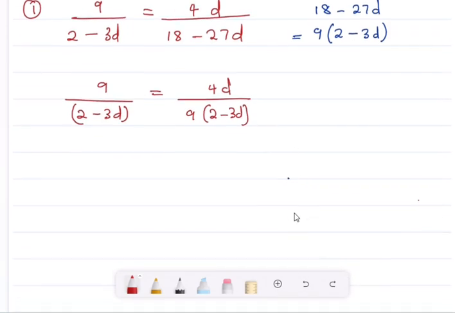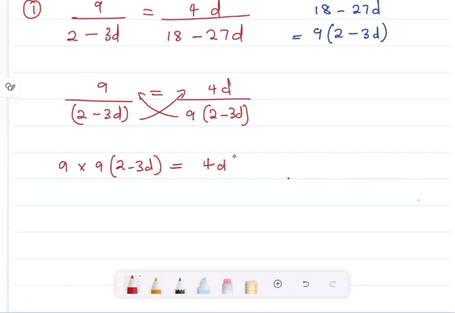You can do cross multiplication still, it's still okay, still fine. You can take this up here. Remember, we have one term on one side and one term on the other side, then this guy goes to the other side. So on the left hand side, it means we have 9 times 9 open bracket 2 minus 3d being equal to 4d open bracket 2 minus 3d.